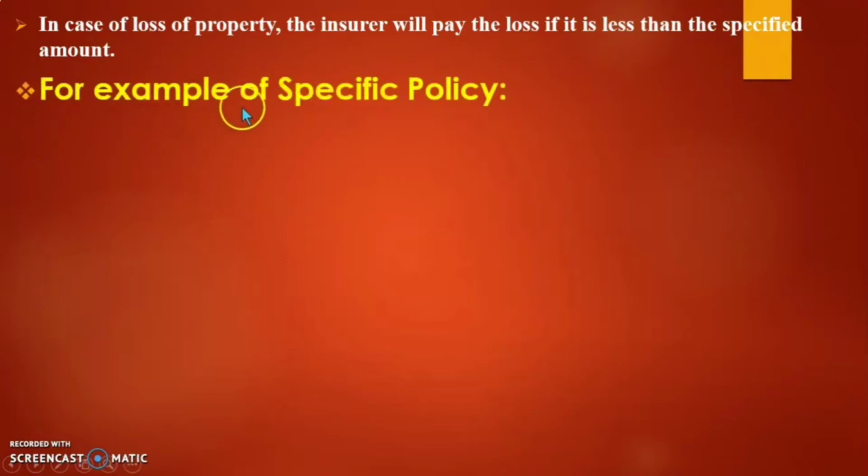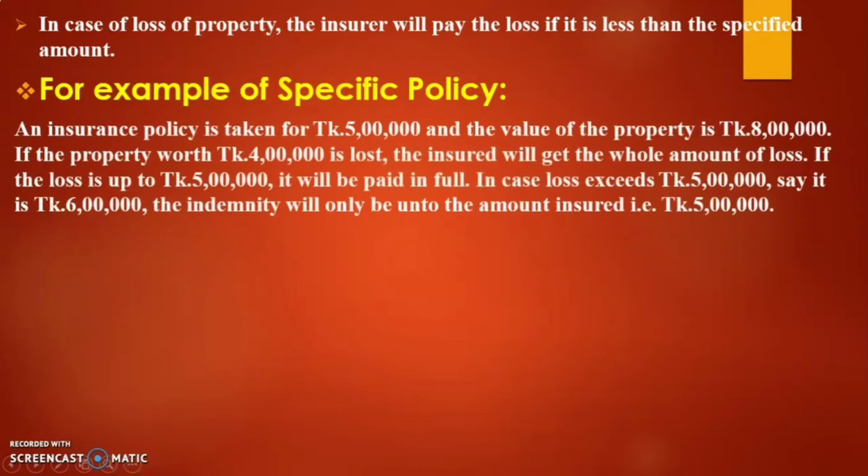For example of a specific policy, an insurance policy is taken for taka 5 lakhs and the value of the property is taka 8 lakhs. If property worth taka 4 lakhs is lost, the insured will get the whole amount of loss.